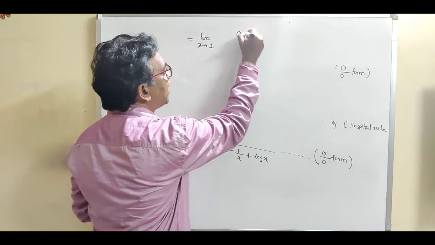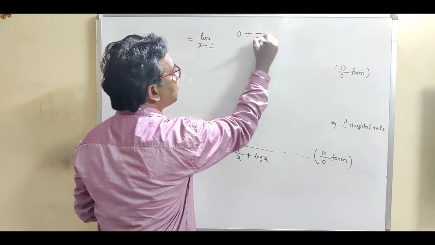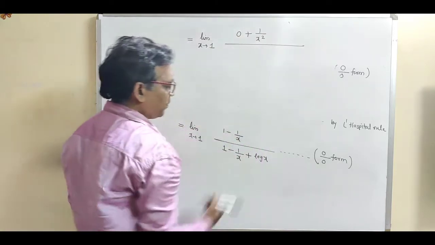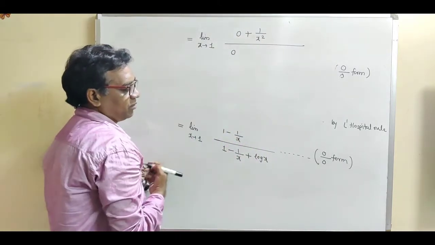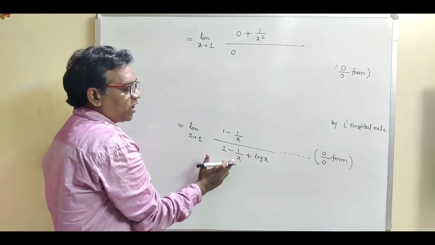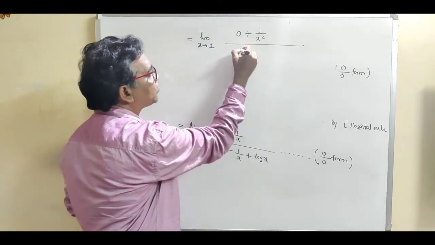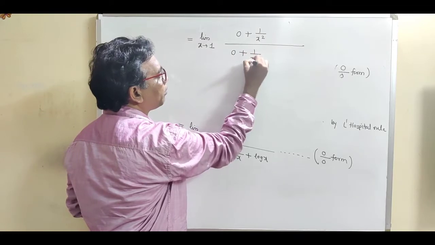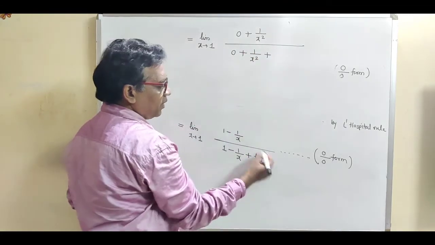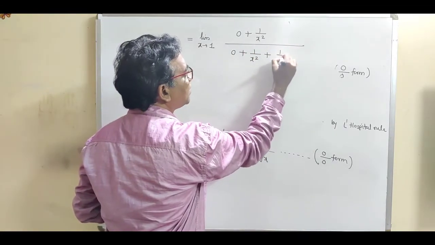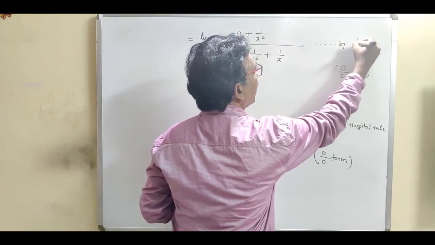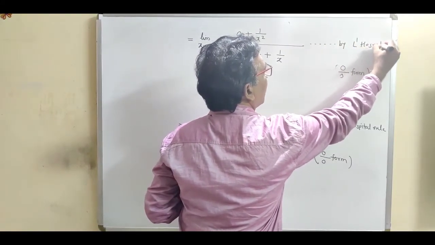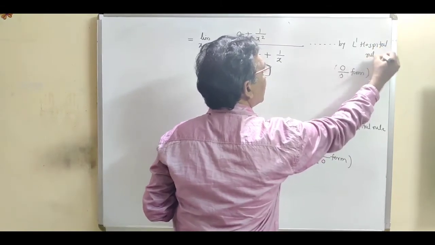So minus and minus become plus, this is 1 upon x square, divided by derivative of the constant number is 0, derivative of 1 upon x is minus 1 upon x square, so minus and minus become plus, plus derivative of log x is 1 upon x. And just give the reason by L'Hopital rule.